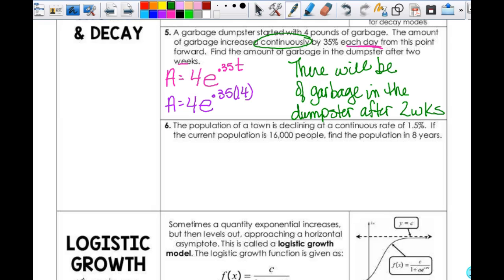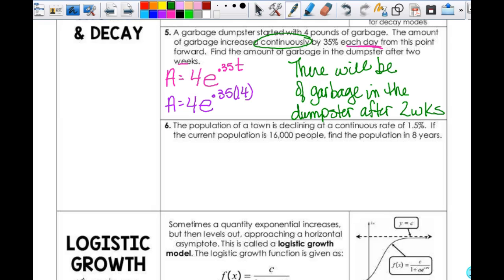And then Melanie, tell me what you get. It's right above the natural log.